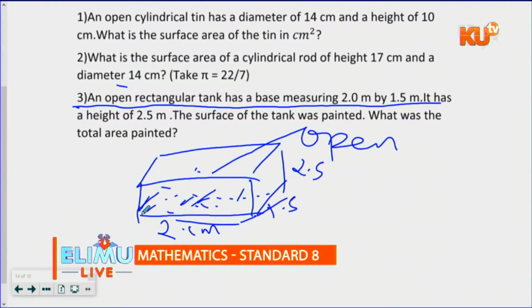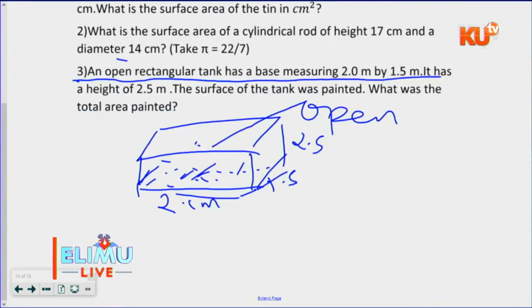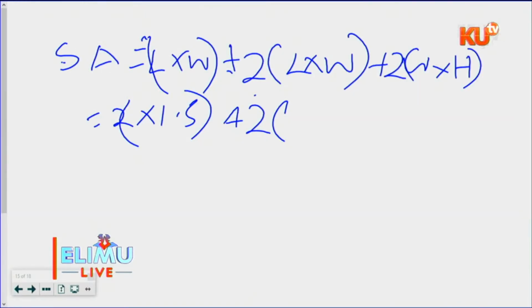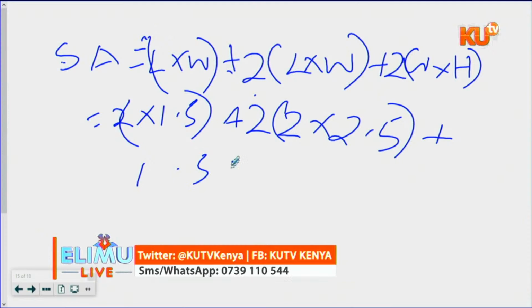The length is 2 and the height is 2.5, so it will be 2 times (2 times 2.5), plus the third part, 2 into width times height.